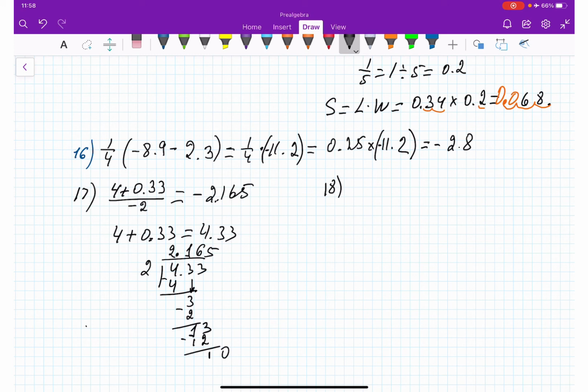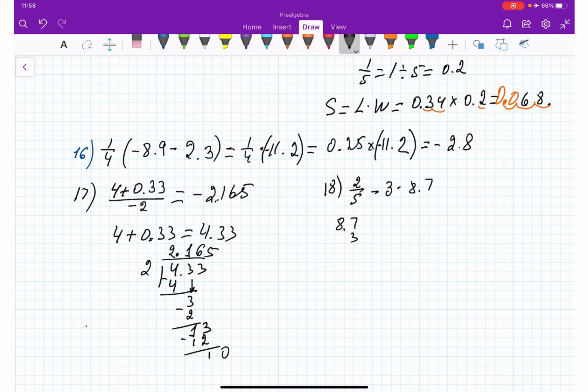Moving to question number 18. All right. What do we have? 2/5 minus 3 times 8.7. Okay, let's multiply 8.7 by 3.